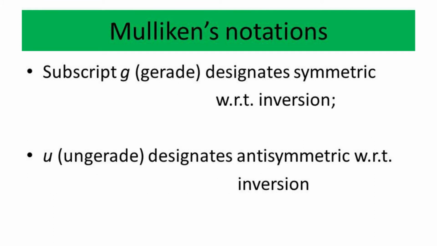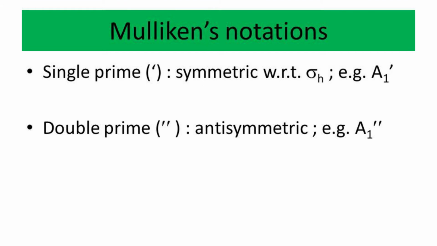If the representation is symmetric with respect to the center of inversion, then it is represented by g. If it is antisymmetric, then by small u. If the representation is symmetric with respect to the horizontal plane, then the symbol will be prime, a dash. And if antisymmetric, then double prime, double dash.